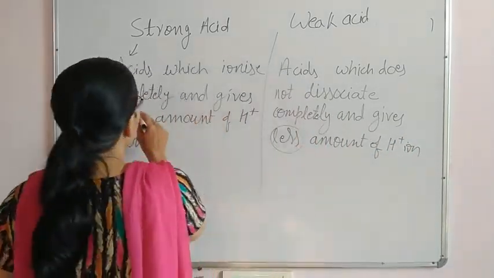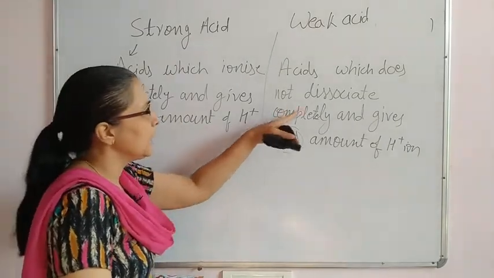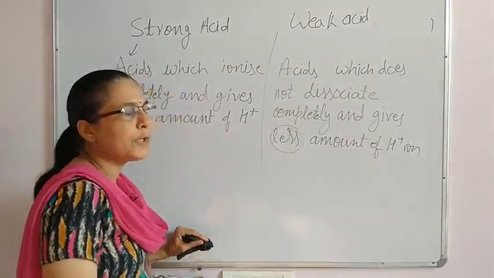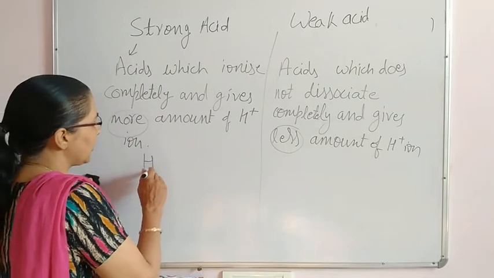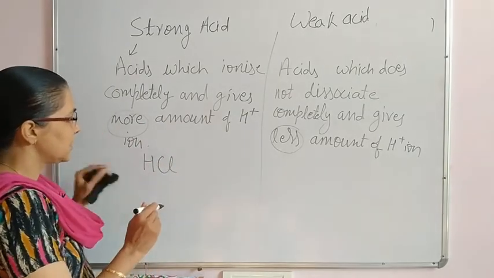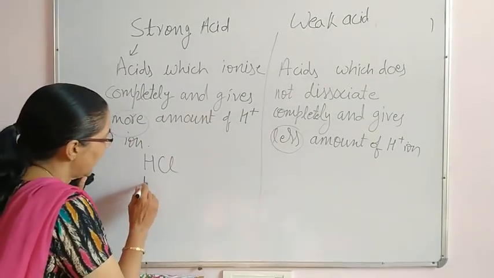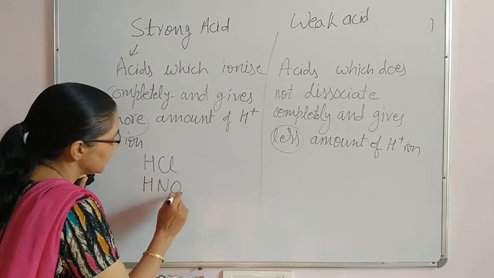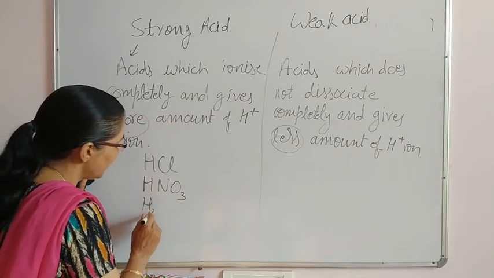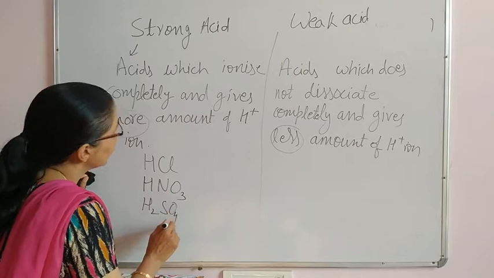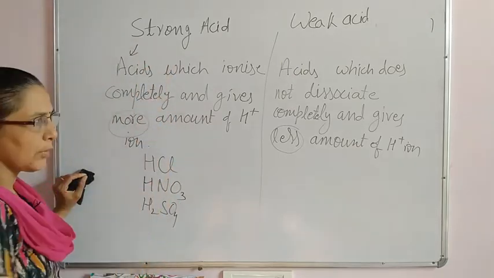So these are giving more amount of H plus ion and these are giving less amount of H plus ion. Here we will take all types of mineral acid, HCl, HNO3, H2SO4. These all are strong acids.